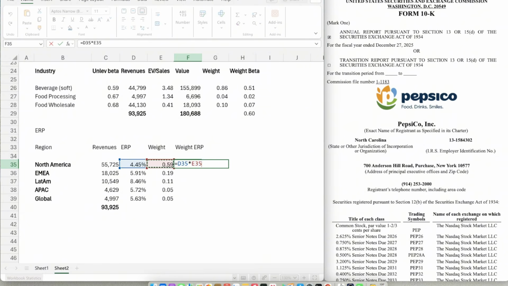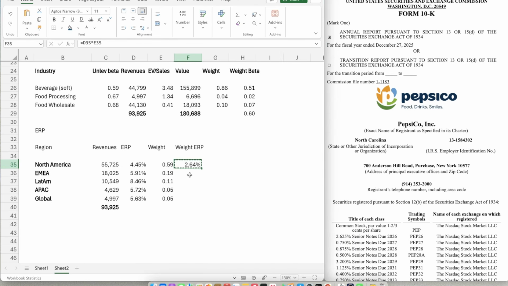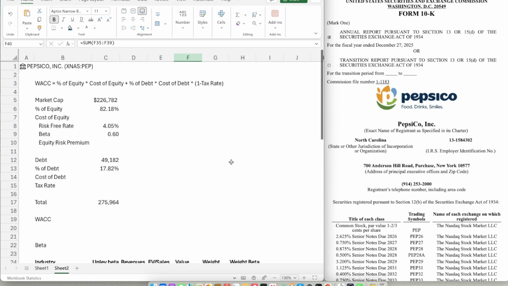Take your ERP and you multiply it by the weight into a percentage. Sum. There you have it, 5.31%.